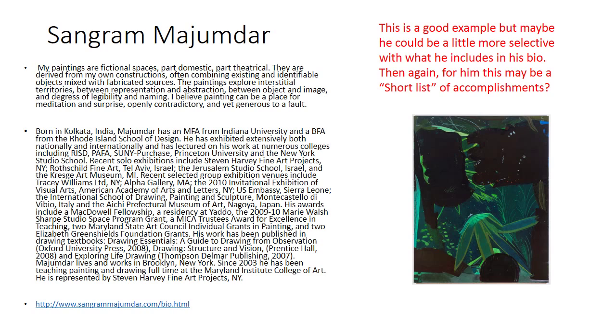I love the work of Sangram Majumdar. I think this is a decent example of an artist bio. It's hard to criticize Majumdar because he's kind of like a hero. But I think perhaps it could be consolidated a bit. Maybe not quite as many accomplishments.